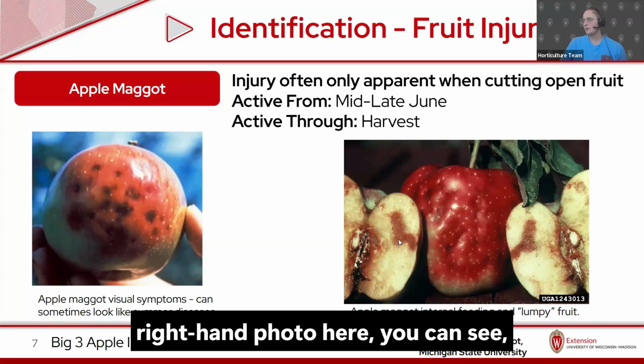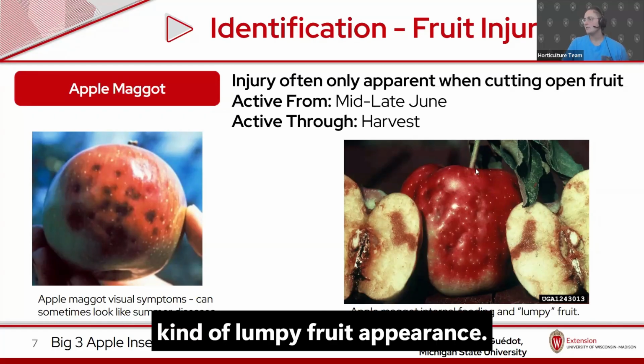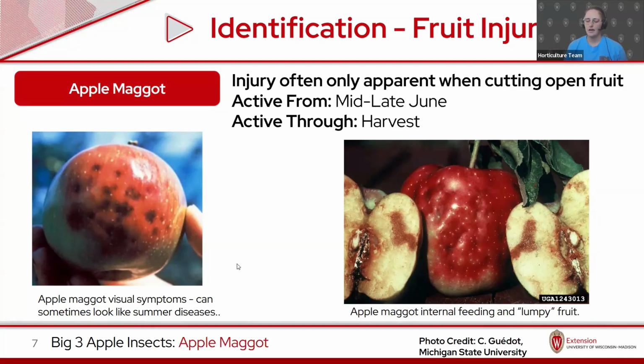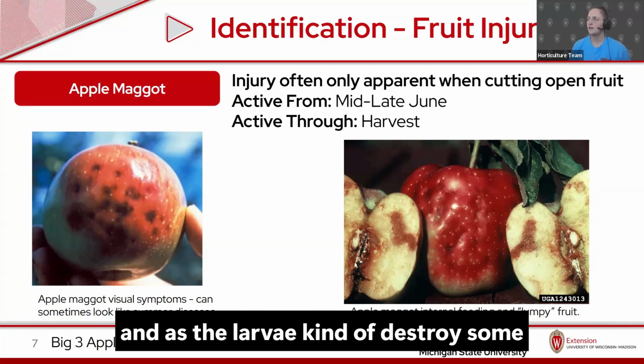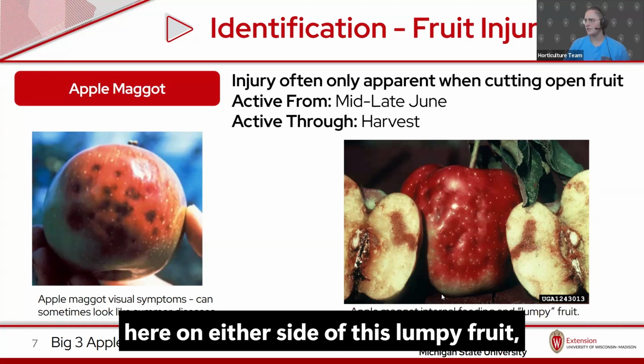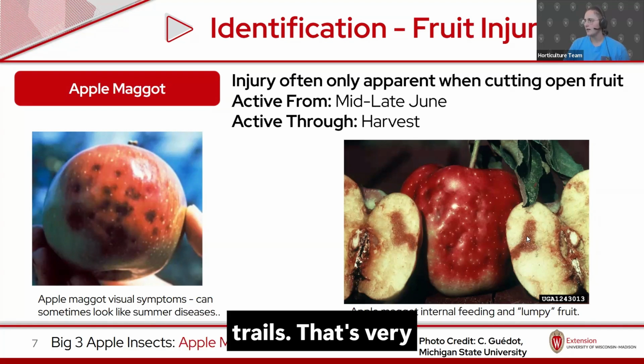And in the right-hand photo here, you can see again more of that dimpling, lumpy fruit appearance. That's just some deformities that happen as that apple's developing, and as the larvae destroy some cells as they're feeding. And here on either side of this lumpy fruit, you can see these dark brown trails.